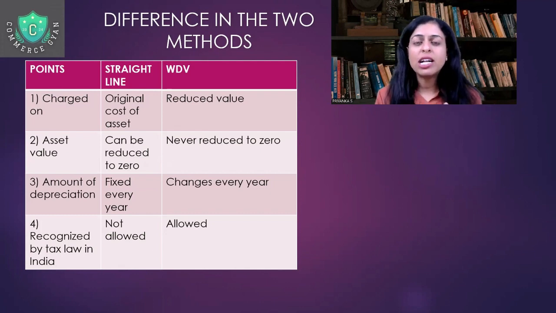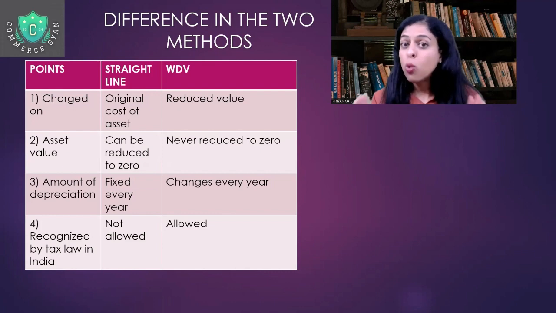The answer is that the straight line method is not acceptable, whereas the written down value method is the acceptable method of depreciation. Fine. So if you are writing the books of accounts, in practical cases in India the acceptable method of depreciation currently is the written down value method.